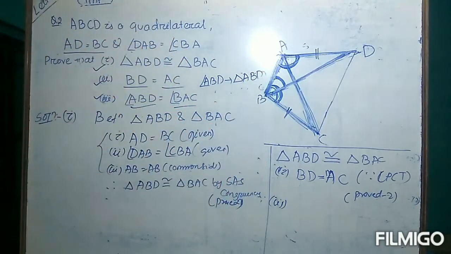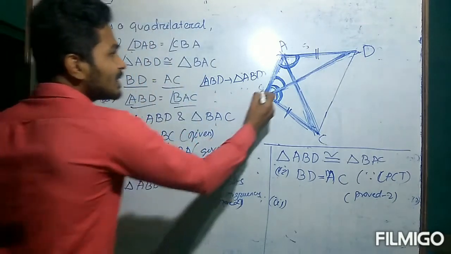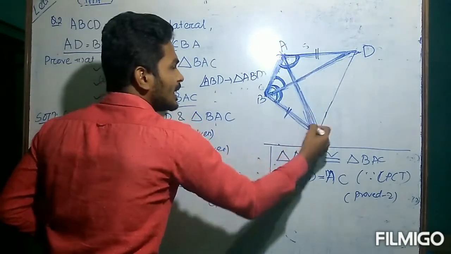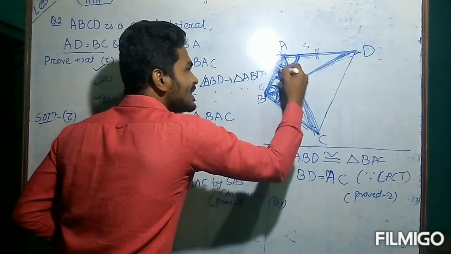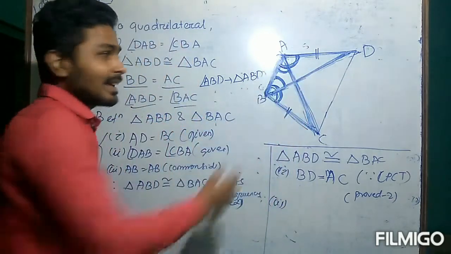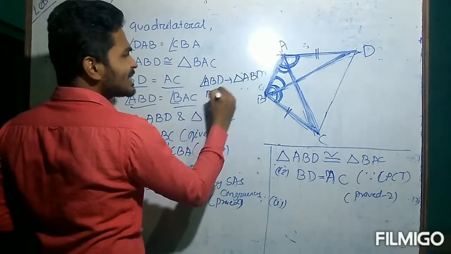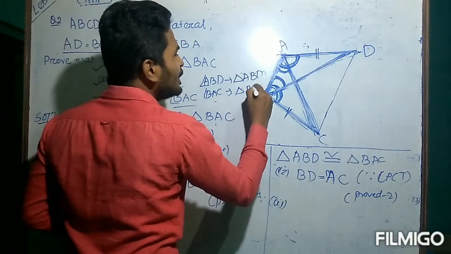Yes or no? Tell me. Yes, it is true. Similarly, if we consider this triangle, then can we say this is an angle of this triangle? Yes, this angle is BAC. So BAC is also an angle of the triangle BAC.